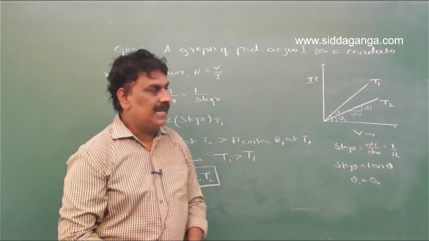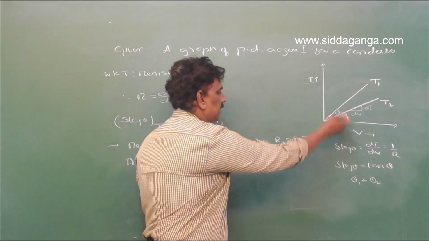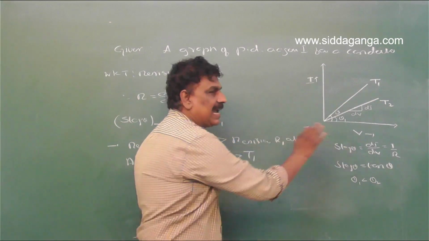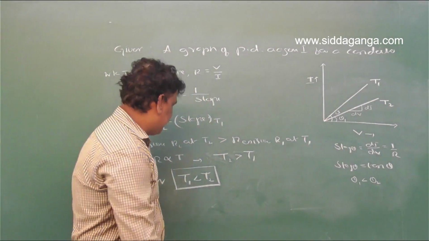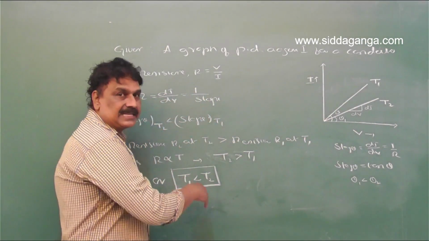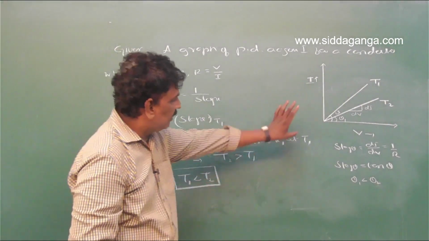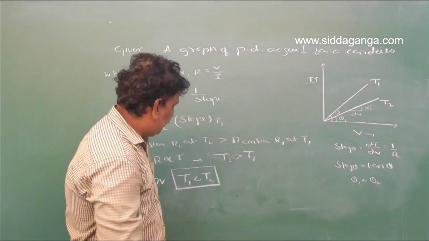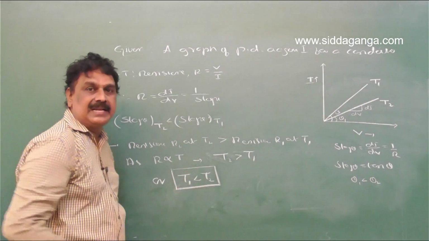Then if I and V are replaced in this same graph, T1 is greater than T2, but for the given graph, the answer is T1 is less than T2.